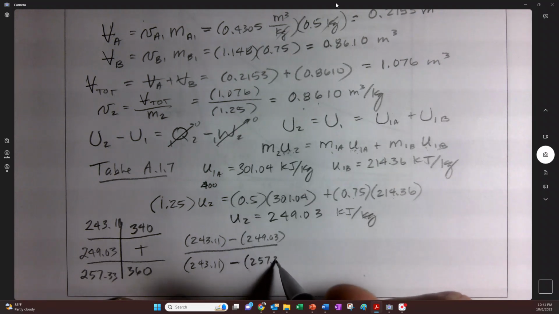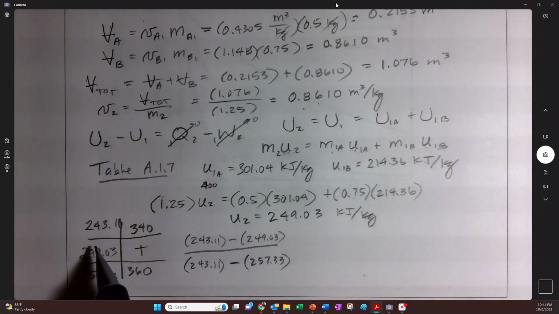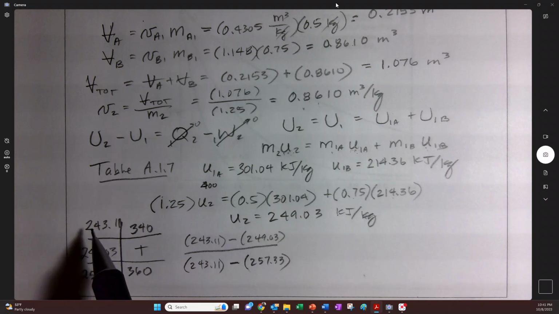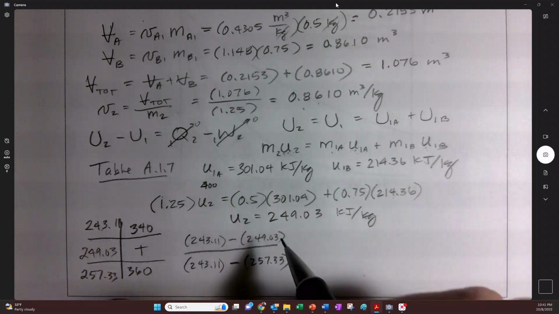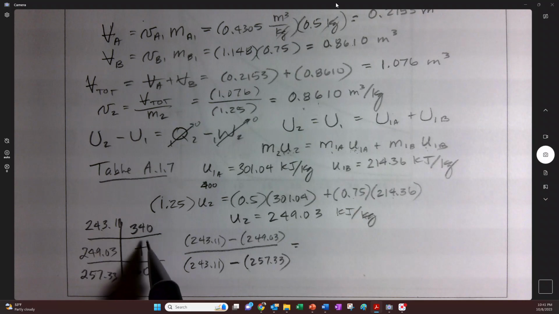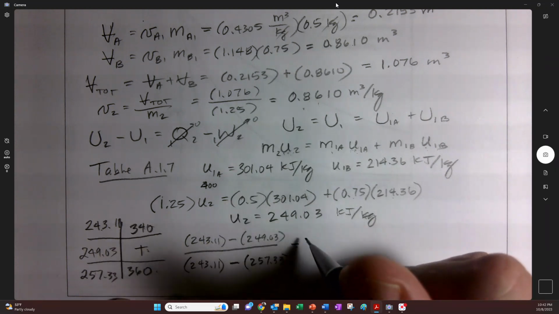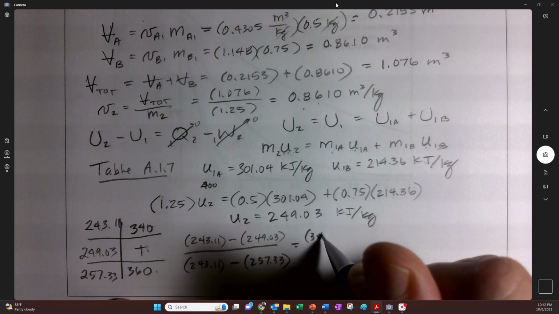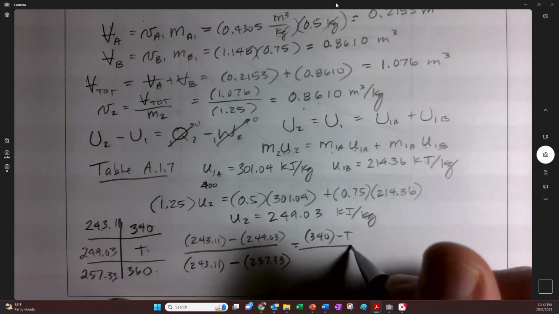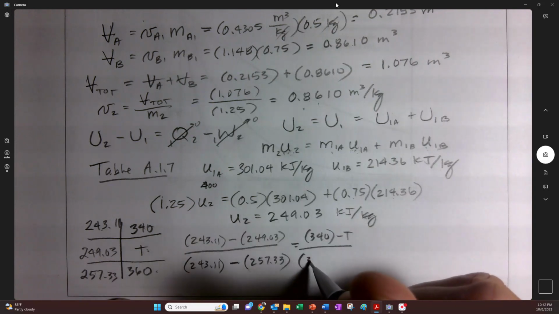Why not? All I did was subtract this one from that one and divide it by this one from that one, and I'm going to set it equal to this subtracted from this. Excuse me. This subtract from this, and then this subtract from this. Yeah, okay. As long as they're the same pattern, you will come out with the same thing. I almost messed it up.